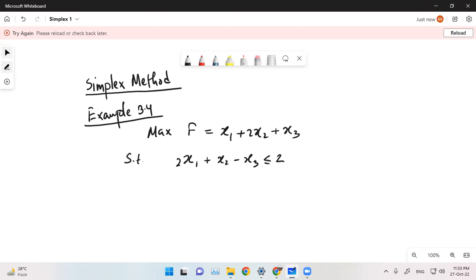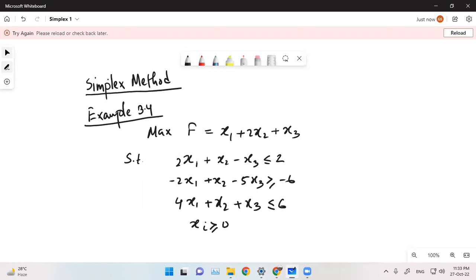The second condition is given as minus 2x1 plus x2 minus 5x3 greater than or equal to minus 6, and for the third, x1 plus x2 plus x3 is less than or equal to 6. And we will always find this criterion given along with the inequality constraints, that xi is greater than or equal to 0, in this case i equal to 1, 2, and 3.